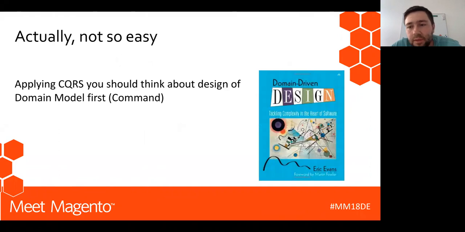If you are not familiar with the domain-driven design book written by Eric Evans, I really recommend you to stop listening to this presentation and read this book beforehand, and after that continue watching my presentation on YouTube, because it will be recorded and uploaded to YouTube.